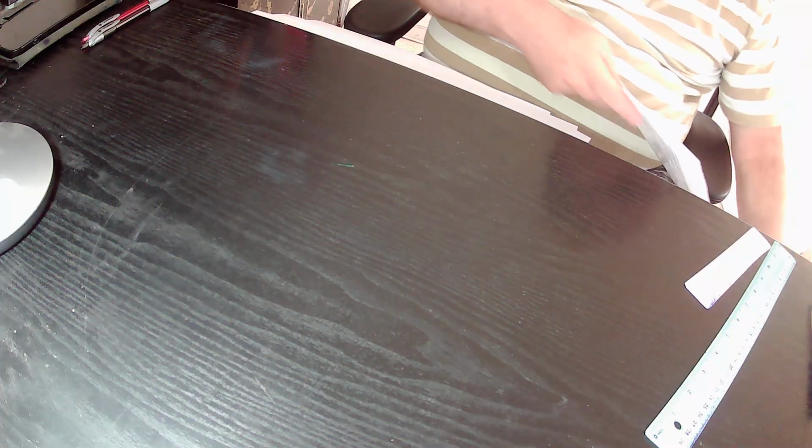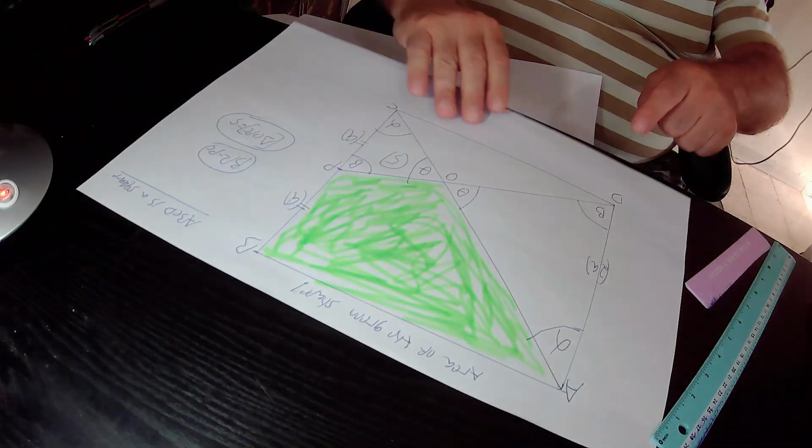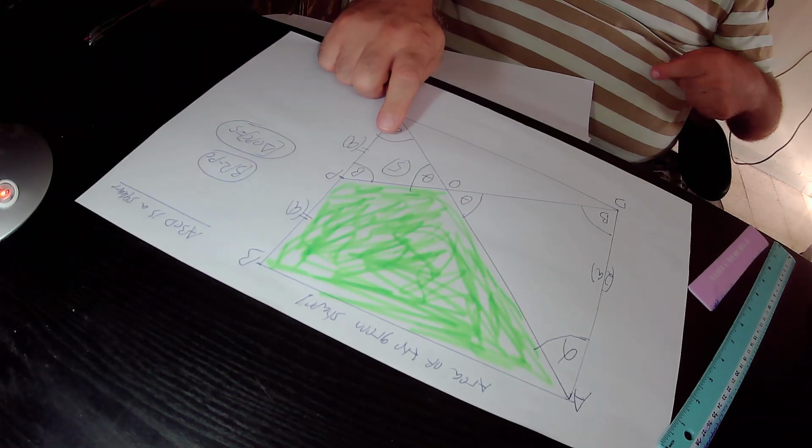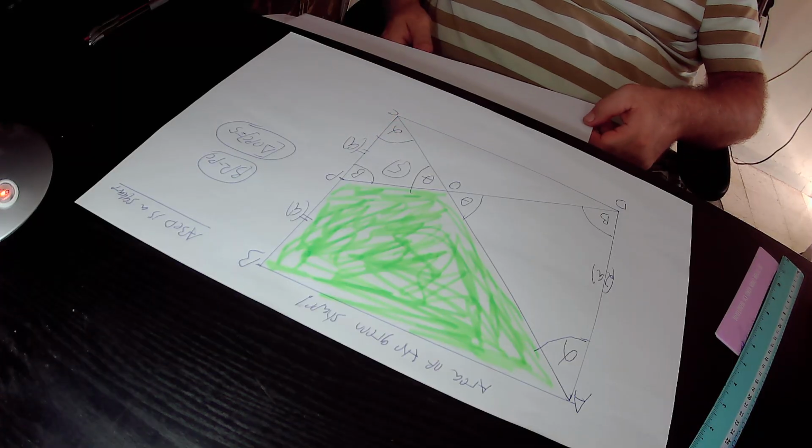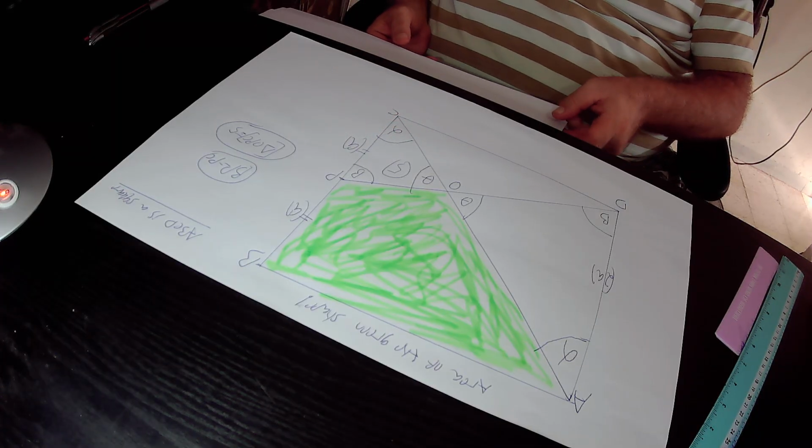Why? Because we already found out that the big triangle ADO is similar to the small triangle COP. And whenever you have two triangles that are similar to each other, you can implement rule 22.